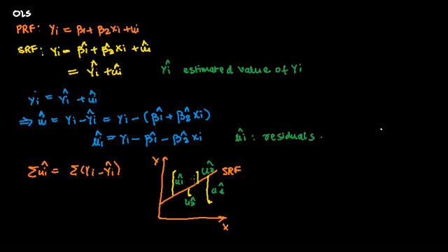So the first and the last residuals are very far from the sample regression function, while the second and third are very near, but all of them are getting equal weight. Even though they are very near or far, they're getting equal weight.